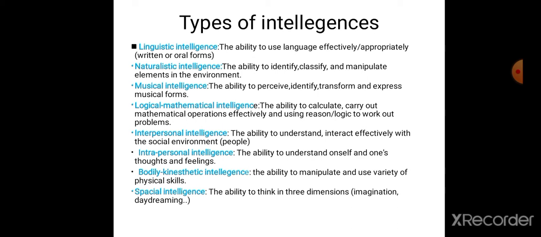You find them sociable, they are likable by others because they have social intelligence, knowing how to interact with others. The other intelligence, intrapersonal, is the ability to understand oneself and one's thoughts and feelings.